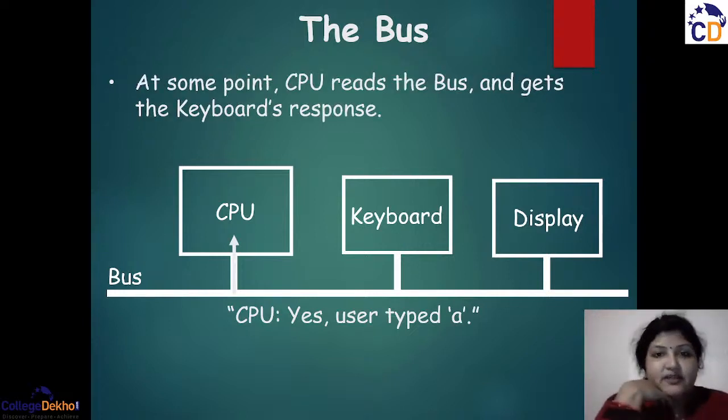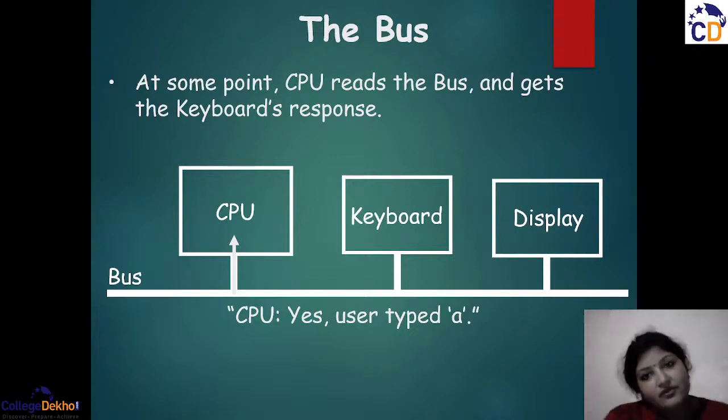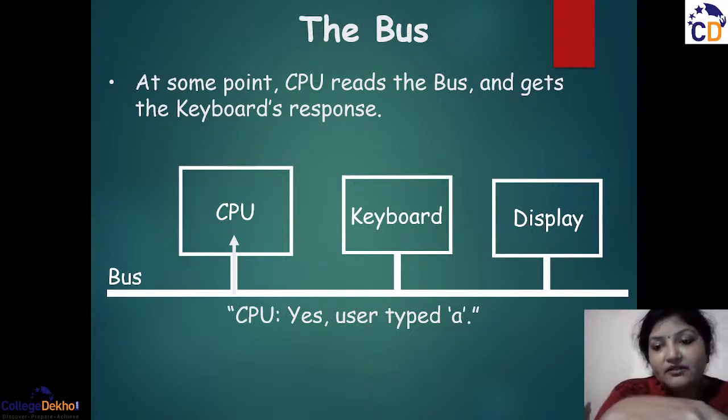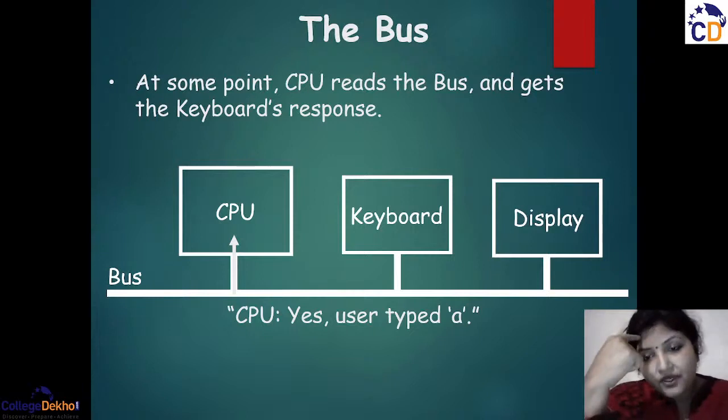At some point, the CPU reads the bus and gets the keyboard's response: yes, user typed A. Now the CPU responds. The CPU reads the data and gets the keyboard response. I told you I have taken one example: if I put a hot cup of tea on my hand, those particular neurons get activated and send the message to the brain.